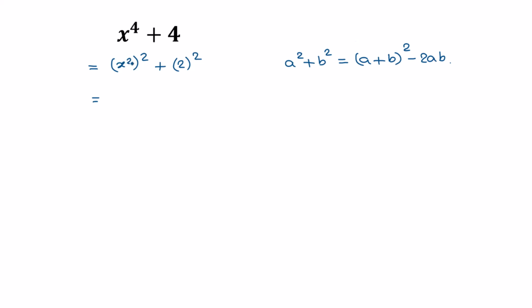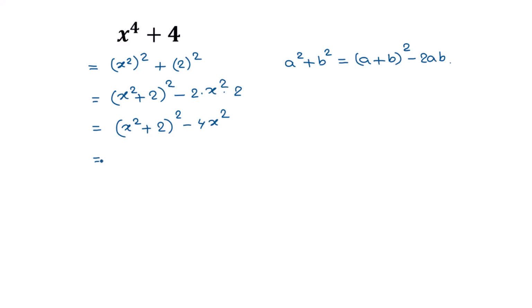Applying this formula, with this x square as a square and this 2 as b square, we will get a plus b whole square, that means x square plus 2 whole square, minus 2 times ab, that means 2 times this x square times this 2, is equal to x square plus 2 whole square minus this 2 times 2, this is 4, and this x square.